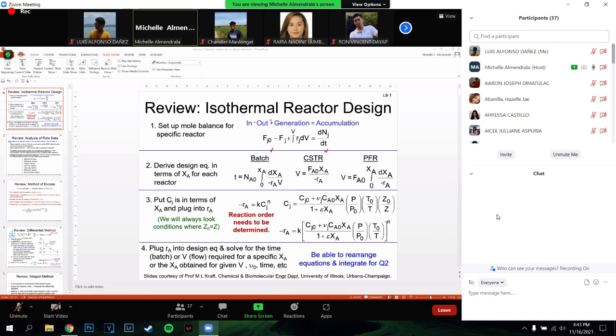Whenever you start your problem solving, you always have to draw your reactor, any given problem that you have. Always represent it by a simple diagram or illustration. Let me go faster so we will have enough time to finish the problem.